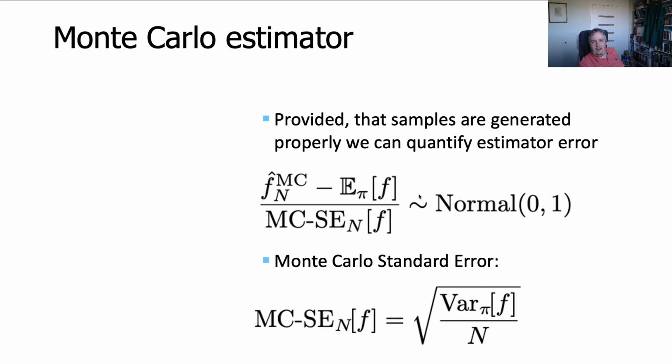So we can apply the central limit theorem to quantify the error of our sampling, because we can see that the distance between the Monte Carlo estimate and the actual expectation is a normal distribution with zero mean, and the standard deviation given by the Monte Carlo standard error, which is the square root of the variance of our function f divided by n.